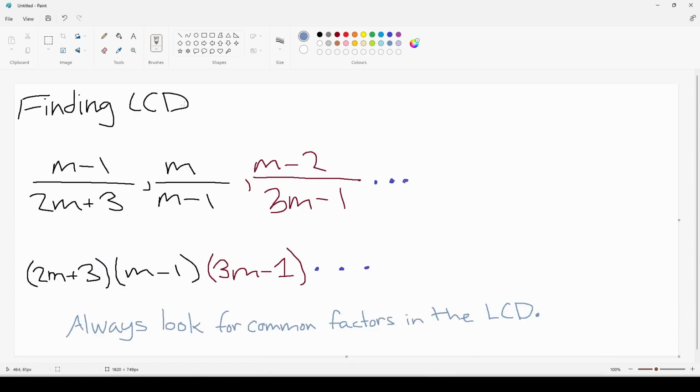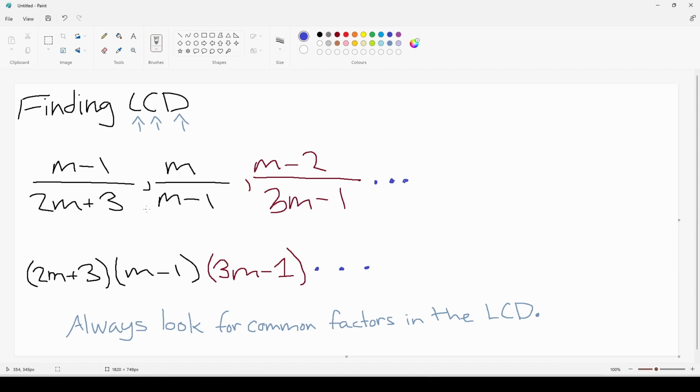Now let's go over finding the least, or lowest, common denominator. To find the lowest common denominator between two different terms, you're going to want to look, of course, at the denominator, and you're going to look first for common factors in the denominator.